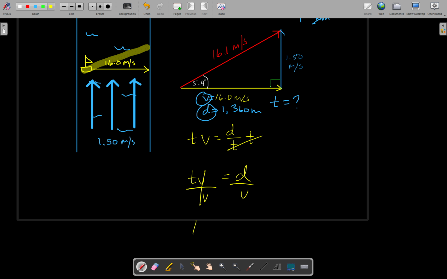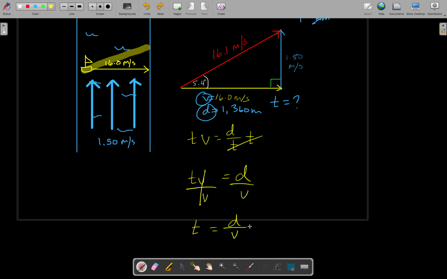And our new equation is time equals distance over velocity. Actually, all I did was flip the velocity and the time. Anytime you have an unknown in the denominator, all you have to do is flip it with the other variable on the other side of the equation. And that's how you get this.